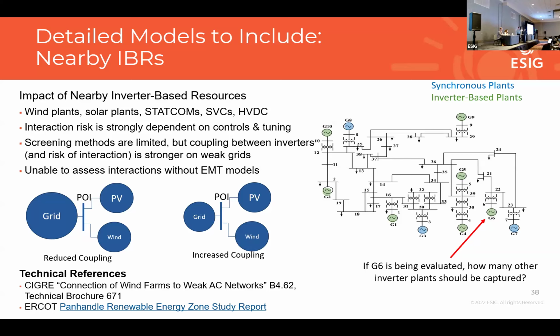Yeah, this is a deep rabbit hole. We could go really far down here, but there are some technical references that you could look at. Connection of wind farms to weak AC networks, and the ERCOT Panhandle Renewable Energy Zone report are really great examples where they lay out some of these concepts, and they also talk a lot about screening metrics, which is something I haven't really touched on yet.